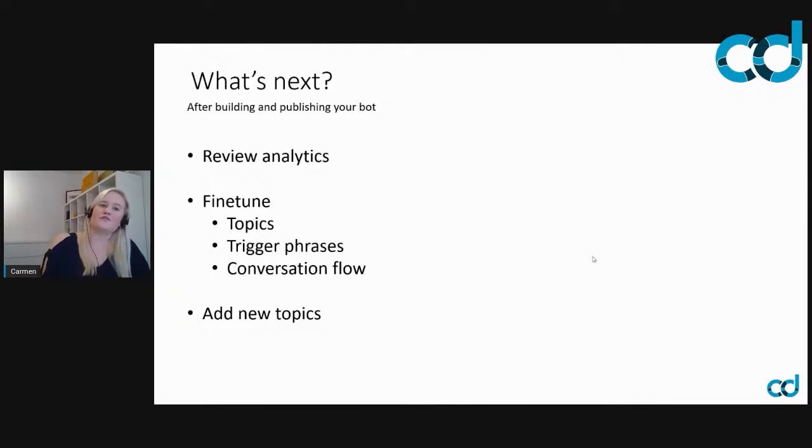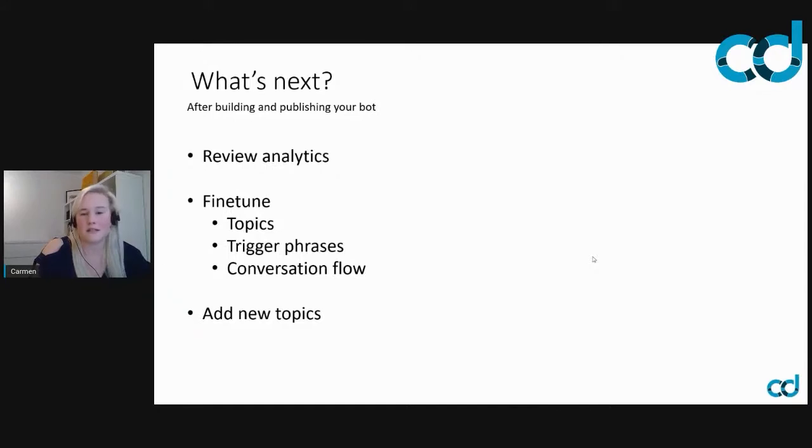You actually have to fine-tune your agent to make sure that you can add additional topics, for example, change trigger phrases or add additional trigger phrases when the way that people search for things doesn't match the trigger phrases or the topics that you have defined in your bot, and they aren't a complete match for the user's questions.